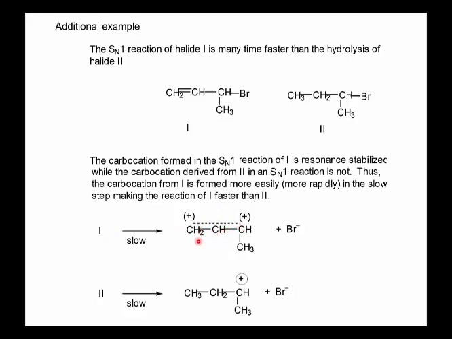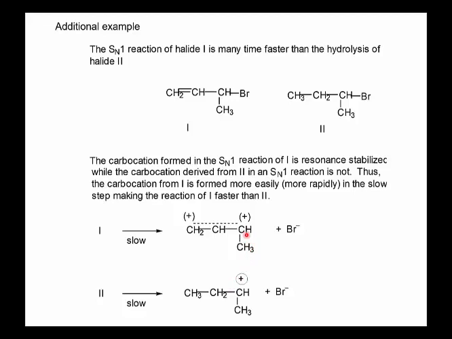It is an allylic carbocation, very, very stable. I think you can understand now why there's a difference in reactivity. 1 is more reactive than 2 because it forms a very stable allylic carbocation in the slow rate determining step, whereas 2 forms just a rather unstable secondary carbocation without any delocalization.